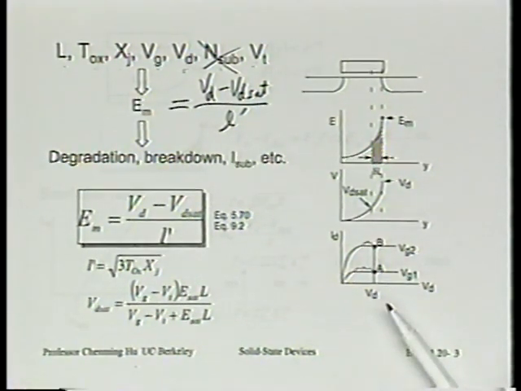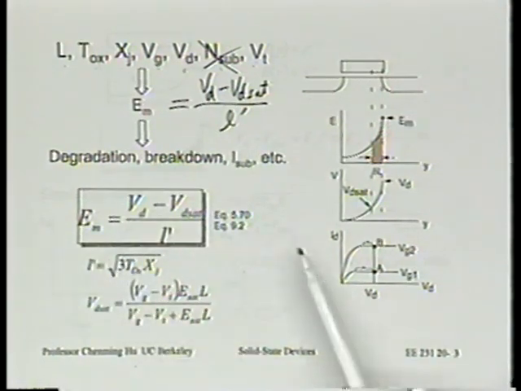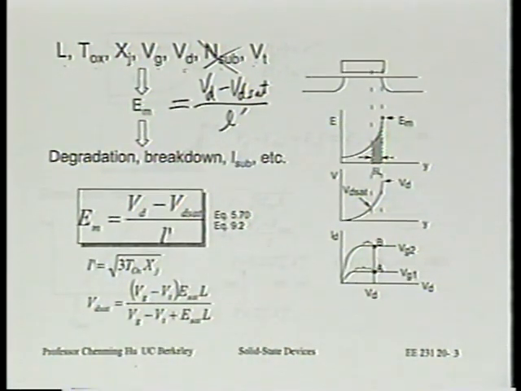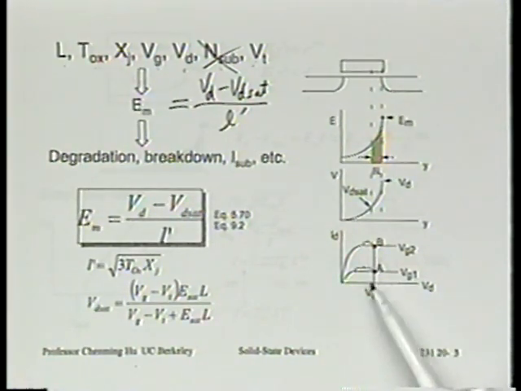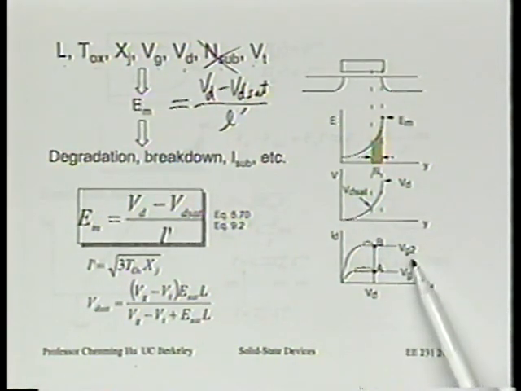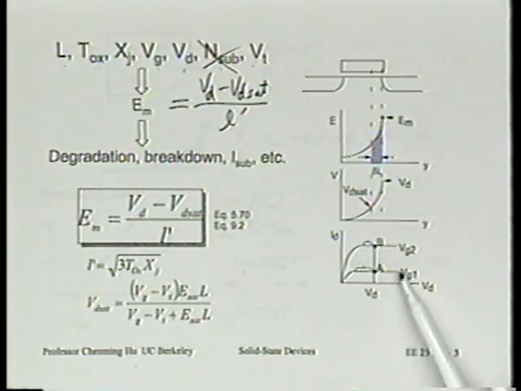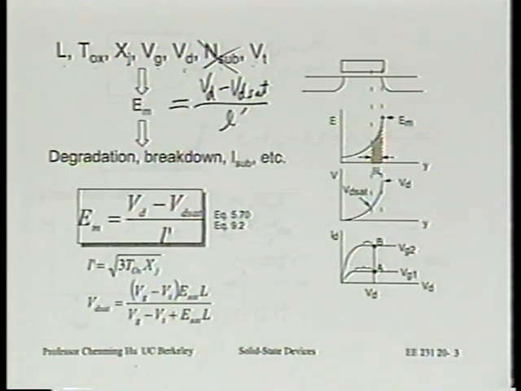And this diagram, sometimes I find it interesting to point out. This emphasizes the point about the electric field being a linear function of VD minus VD set. So if you look at the IV curve, ID versus VD curve, you see these two curves, right? You have VG1 and VG2. And if you don't remember which of these two VG would give you a larger electric field, EM, just remember, this is the way to look at it.